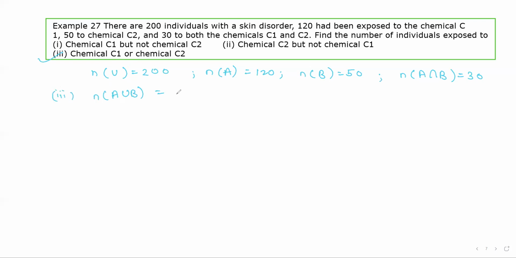N of A union B is N of A plus N of B minus N of A intersection B. This is 120 plus 50 minus 30. This is 120 plus 20, which is equal to 140. N of A union B.